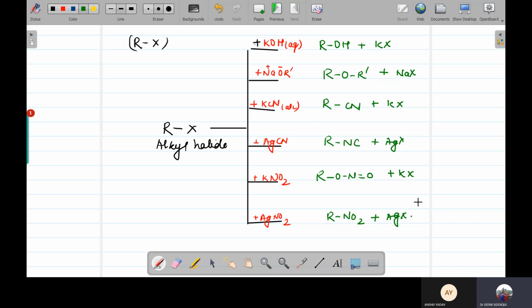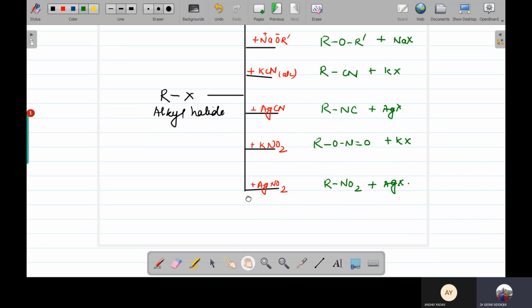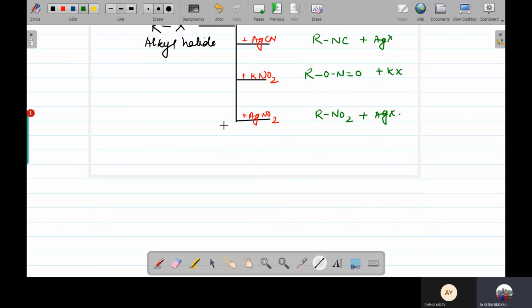So these are under the category of the pure nucleophilic substitution reactions of alkyl halides. Besides this, we are having other more reactions. Let's look at them also.